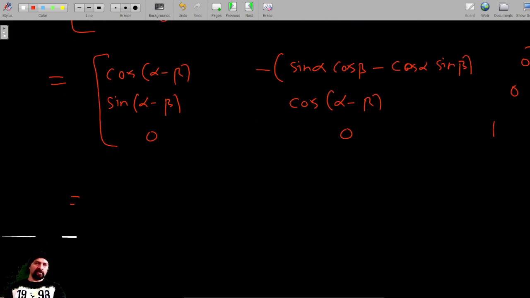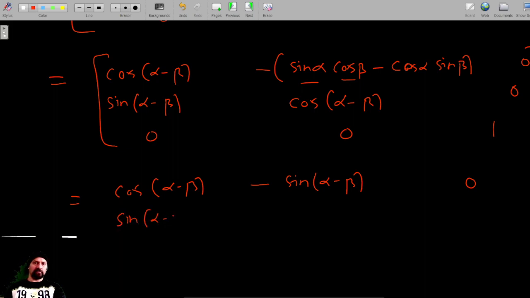Okay, so finally this is cos of alpha minus beta, and this is negative of sine of alpha minus beta, 0. This is sine of alpha minus beta, cos of alpha minus beta, 0, 0, 0, and 1.